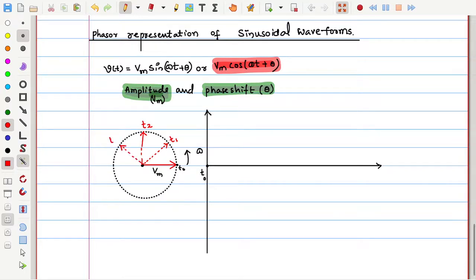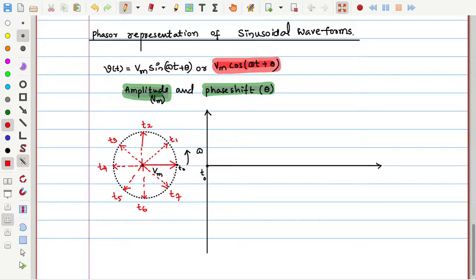T3 position, T4, T5, T6 and T7, and coming back to T0. In this way, this vector arrow has rotated one complete rotation.